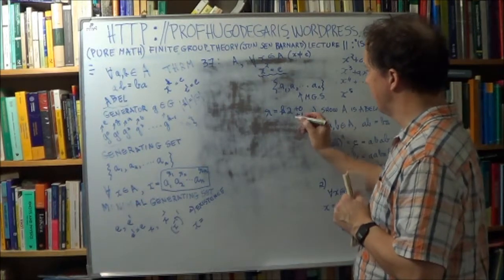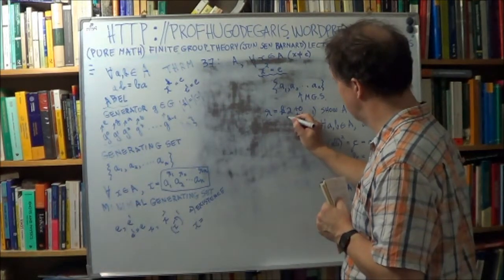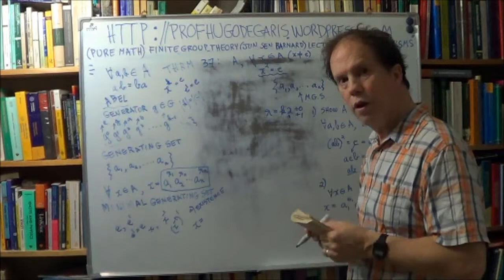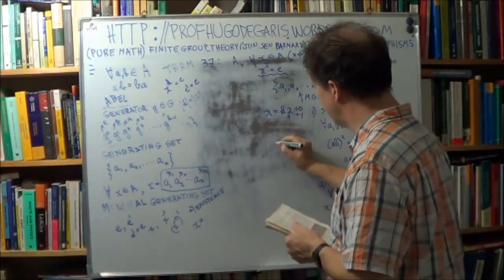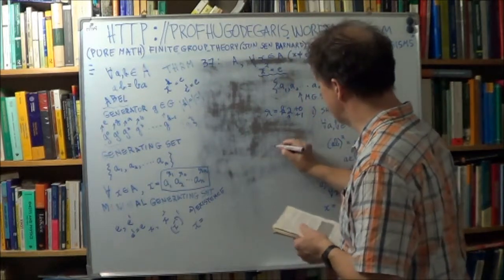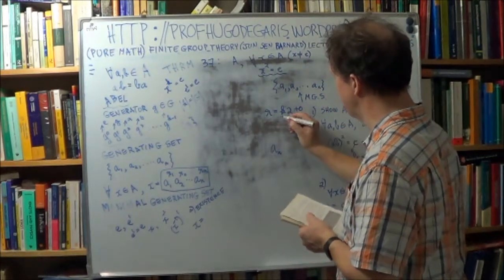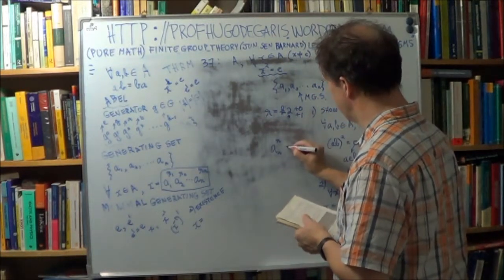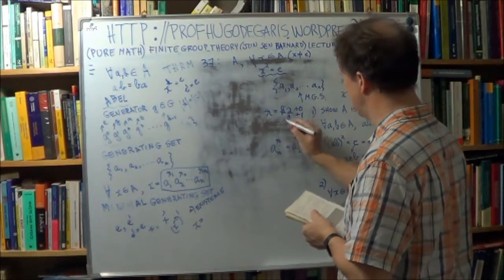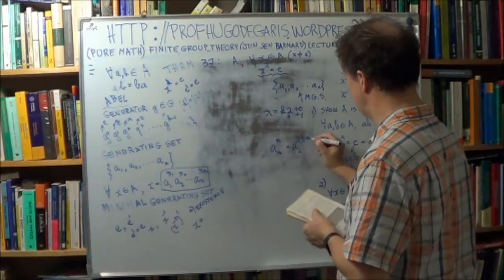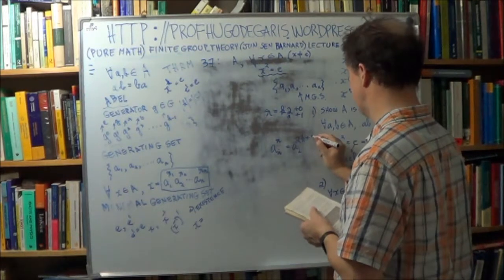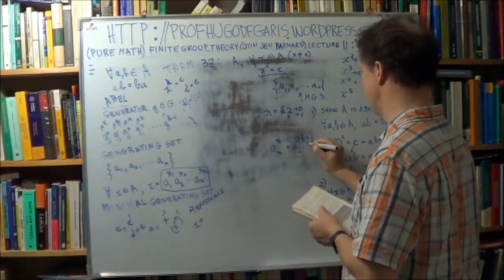Now the 2 here, that's the order of your element. So for any of these a's, a_i to the r will be of the form a_i to the 2k plus 1, or plus 0 if you like.